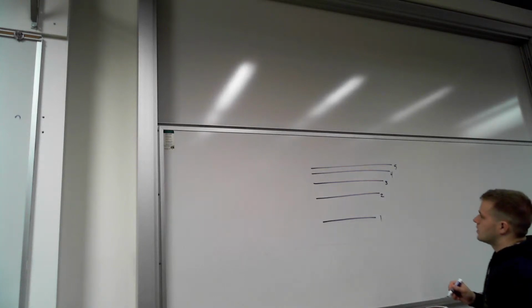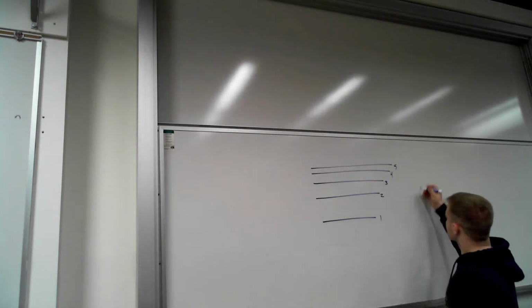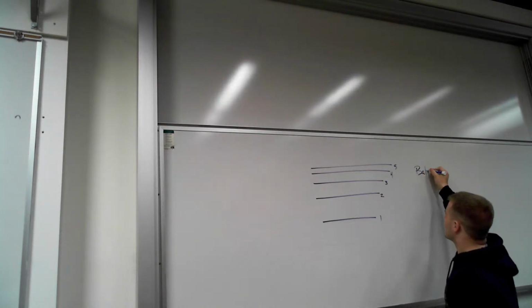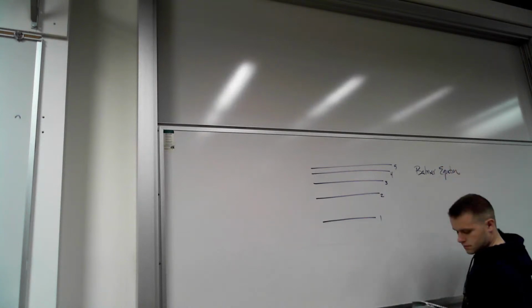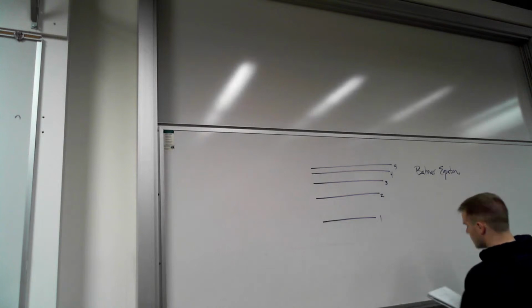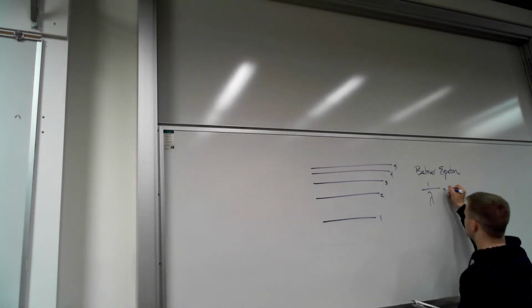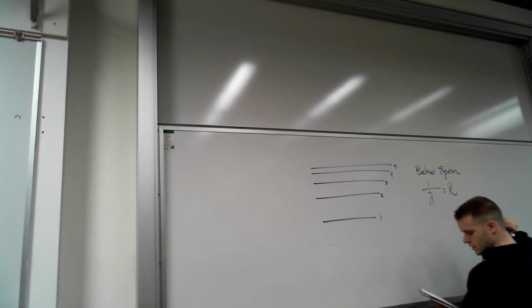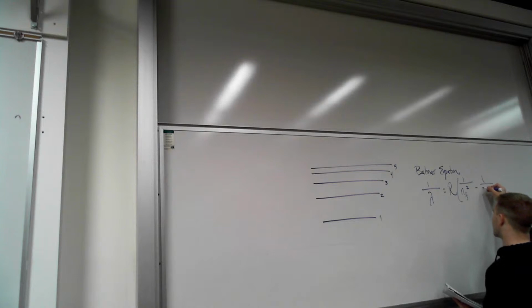The change in energy from that movement is characterized by the Balmer equation, which says that 1 over our wavelength is equal to constant R times 1 over our final level squared minus 1 over our initial level squared.